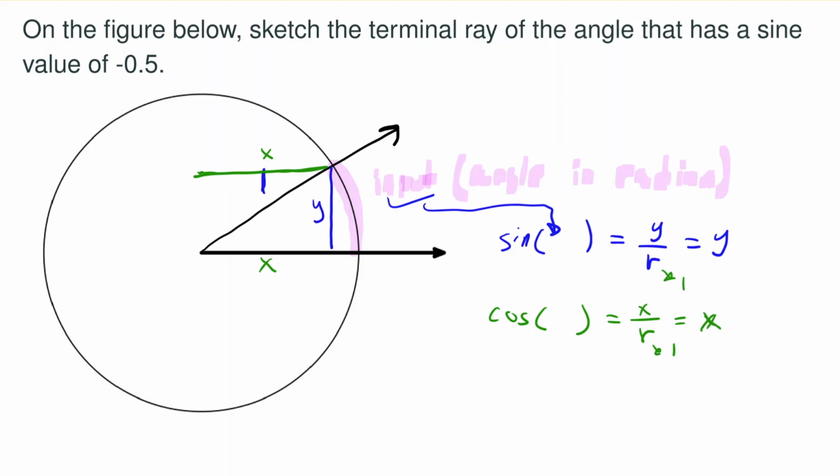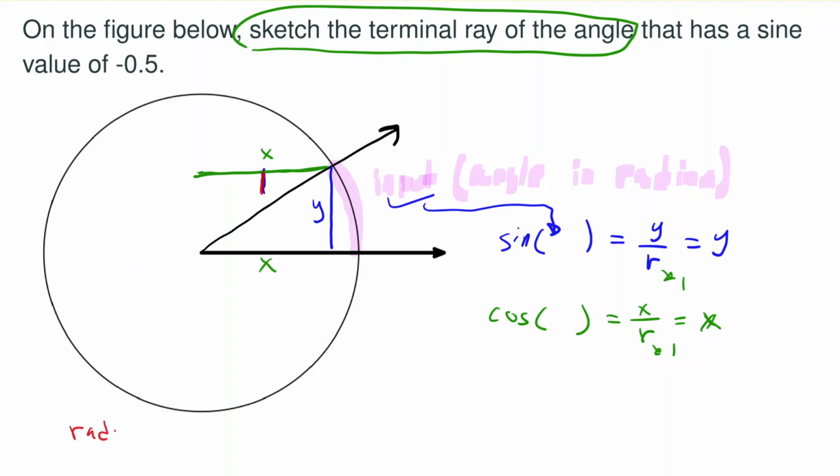Then this is asking us to sketch a terminal ray of an angle. So essentially draw an angle such that the sine value is negative 0.5. Since it doesn't specify the radius length, we can assume the radius is 1 in this circle.